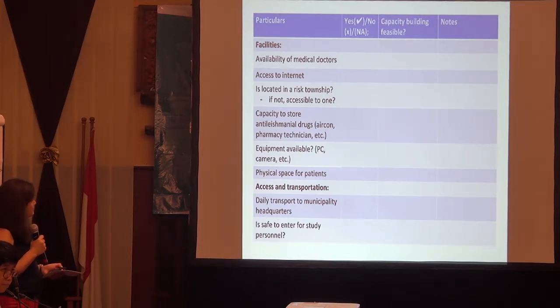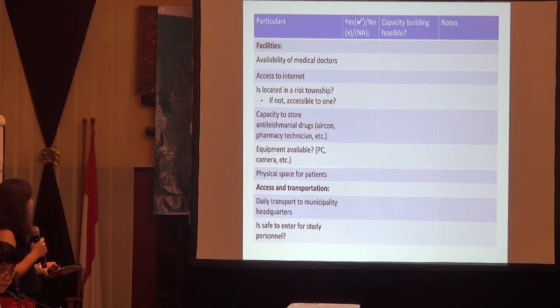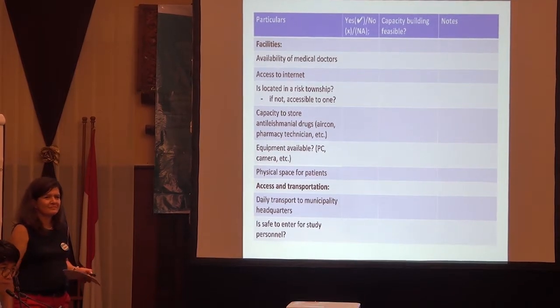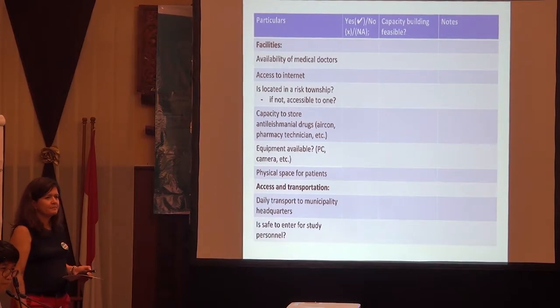For example, if you remember, at the beginning we will have a risk mapping based on vector niche. If the facility is located in the risk township, it's great. If not, but it's easy to access the risk township from there, maybe that's something we can accept. So that's the decision making in the table.